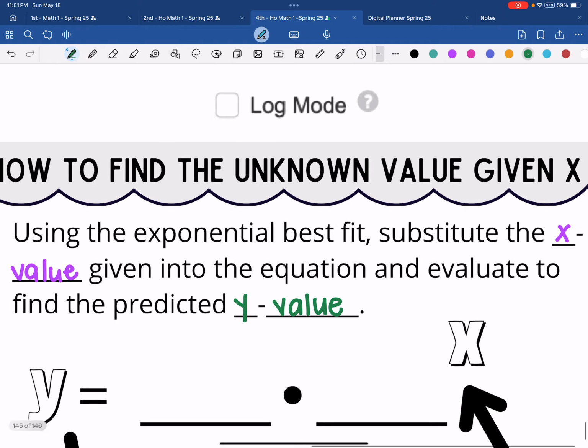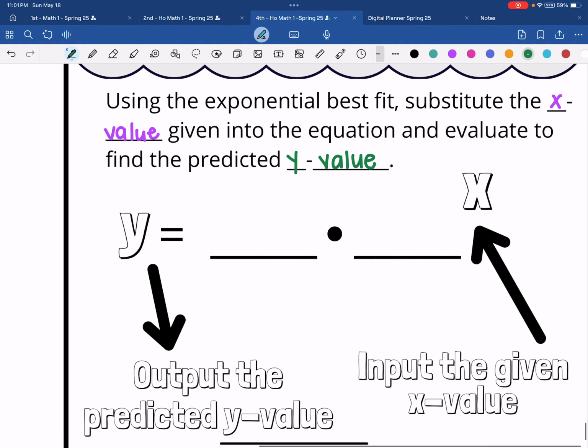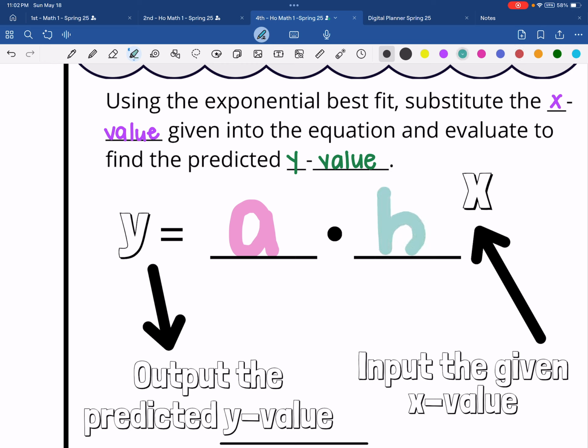Okay, so when we're doing these, again, we're looking for the x value and the y value, but we're going to be substituting in the a and the b. So the a value is always where it's at. So we have a, whatever they give us for a, and then my b value is going to be, again, whatever they give me to substitute.